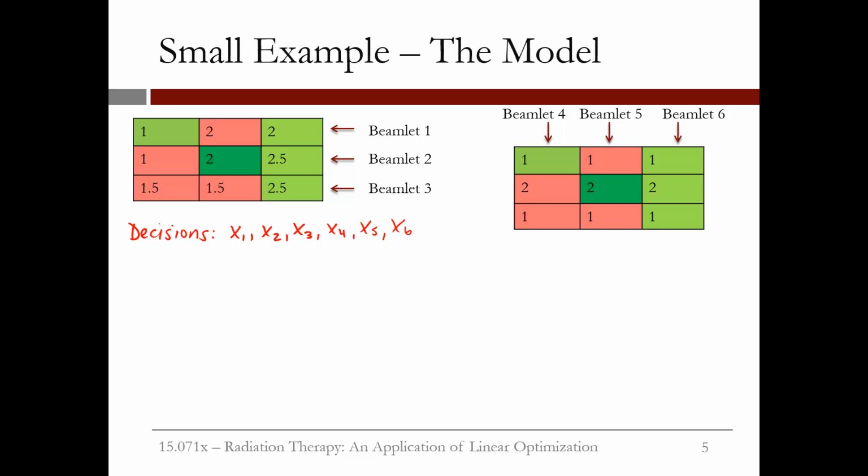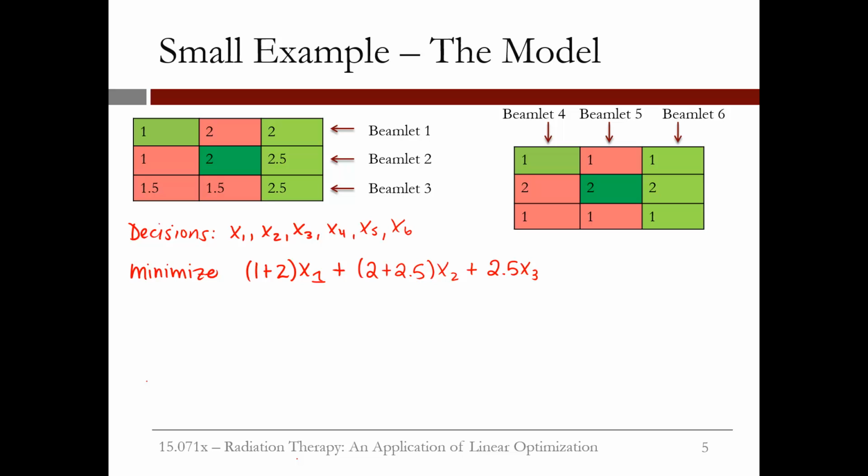As we mentioned before, our objective is to minimize the total dose to the healthy tissue, including the spinal cord. So we want to minimize the total dose beamlet 1 gives to healthy tissue, which is (1 + 2) times x1, plus the total dose beamlet 2 gives to healthy tissue, which is (2 + 2.5) times x2, plus the total dose beamlet 3 gives to healthy tissue, which is 2.5 x3.